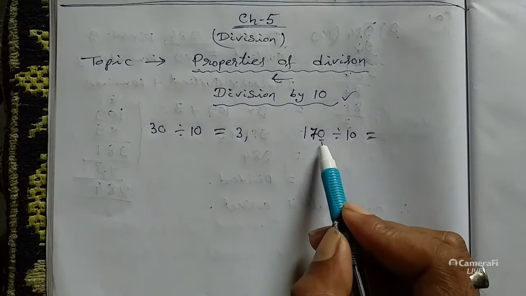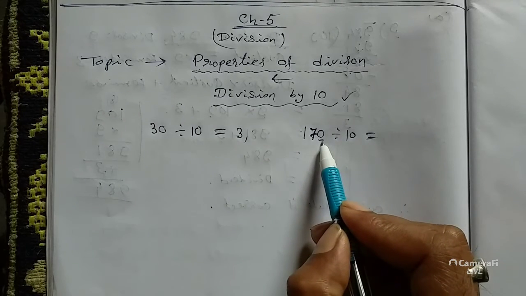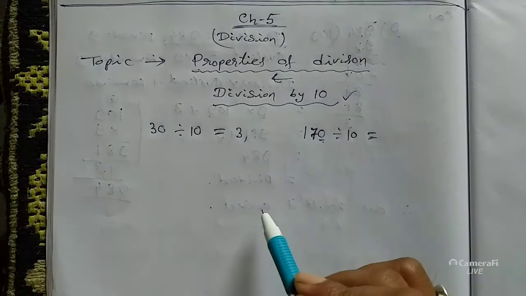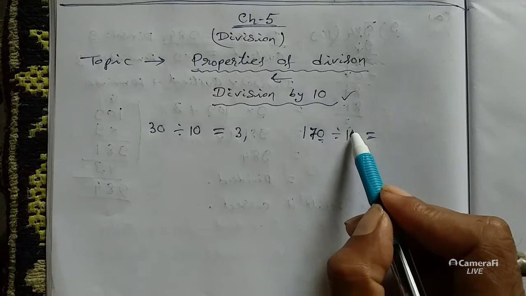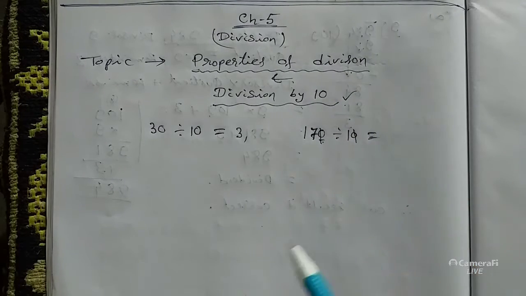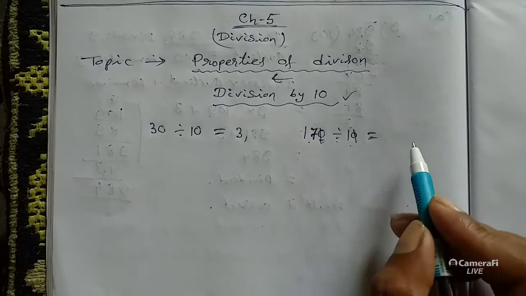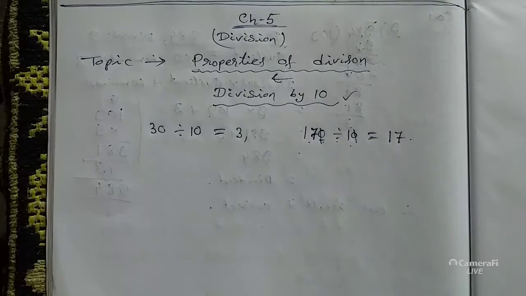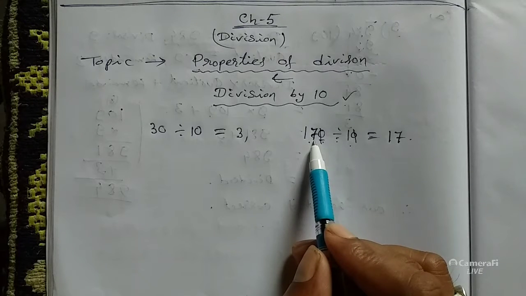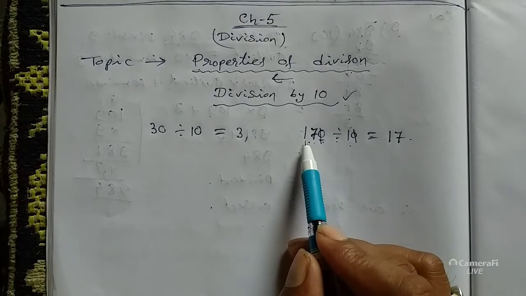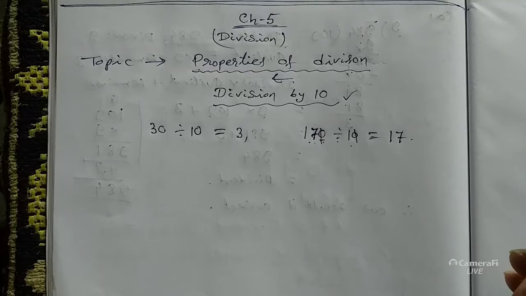If the ones digit of the number is 0, and we are dividing the number by 10, we can simply cut out the 0 with 0. Whatever remains here, 17 divided by 1, is 17. So for the quotient, we just take the tens place digit, hundreds place digit, whatever remains here. So 17.